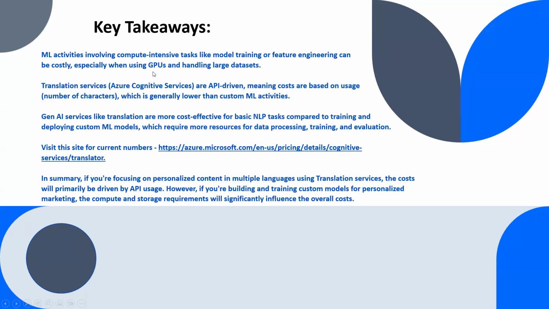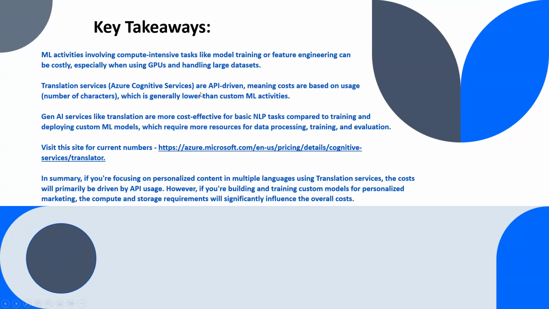And a quick revisit of the key takeaways: ML activities involving compute-intensive tasks like ML model training or feature engineering can be costly. Model training, as I said, is the core of the ML lifecycle, and feature engineering. These two in particular are very expensive, especially when using GPUs and handling large data sets.